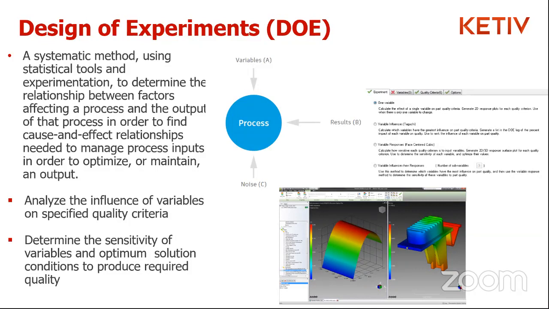For example, if it tells you the melt temperature and the injection pressure are the two variables that have the most influence on the final part quality, then all you need to focus on is those two variables. The other variables, if they're not going to impact it no matter how much you modify them, then you don't really have to focus on optimizing your process for those variables. You instead just focus on the ones that DOE tells you are important.